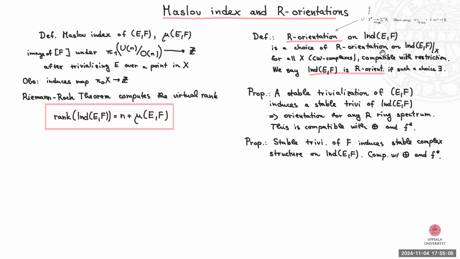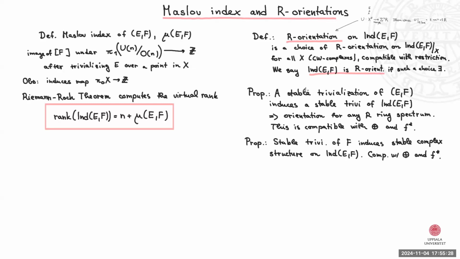This is quite weird, but anyway, this choice exists sometimes for some R. So this index bundle can be R orientable, or R oriented, and how hard it is to orient it.